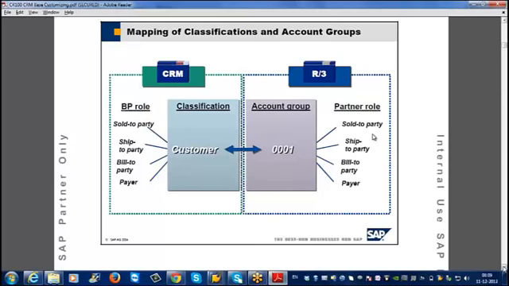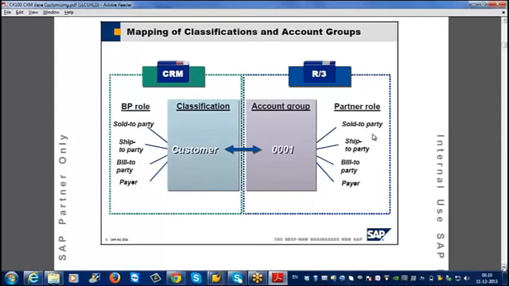For classification customer, I create one account group, customer CRM. For competitor classification, I create one more account group, competitor CRM, and then consumer CRM. Like that, I will create that many account groups in sync with the number of classifications available in the CRM system. But the customer classification will have multiple roles.